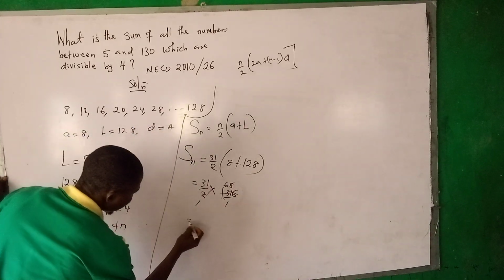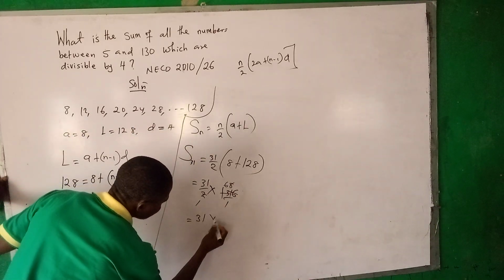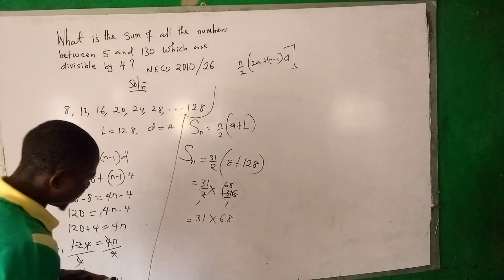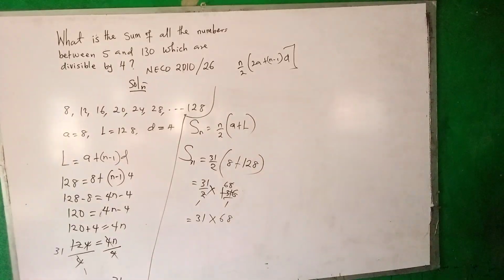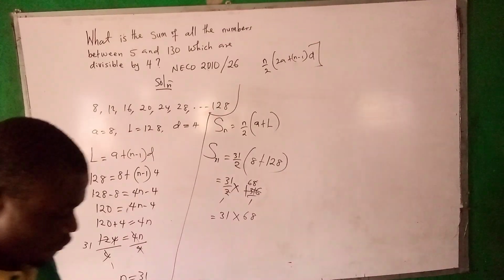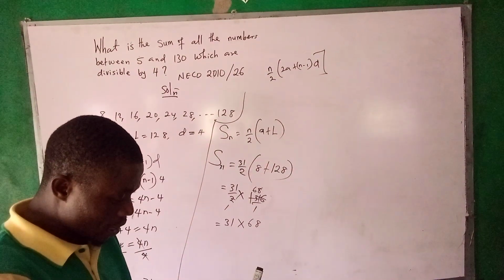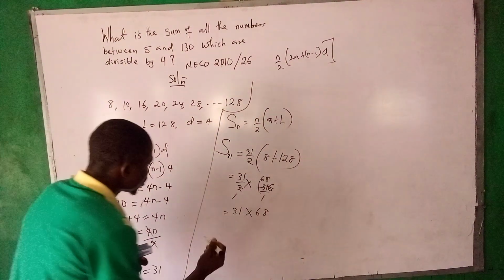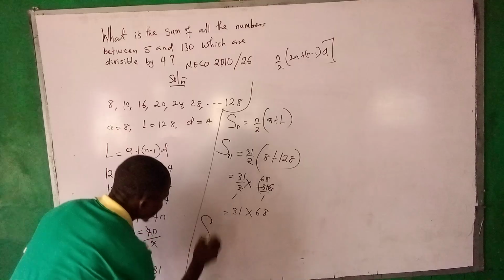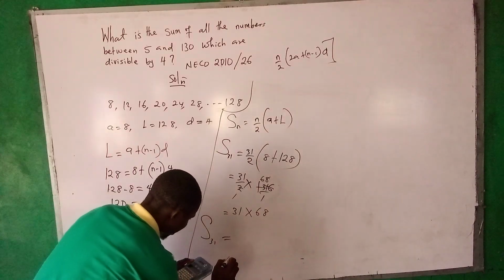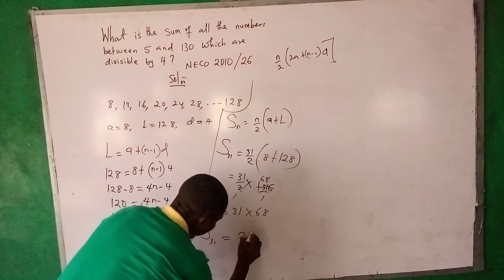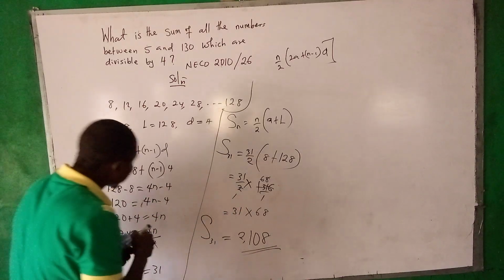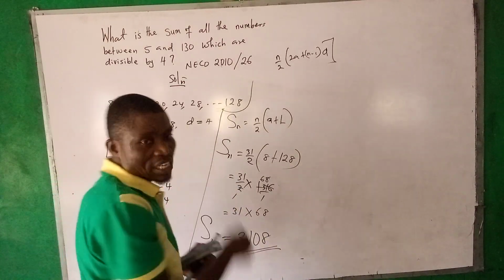So what do we have now? 31 times 68. If you multiply this, let me use my calculator for a faster method. So I have 31 times 68, and that gives me 2,108. So the sum of the required numbers is 2,108, and that is the answer to this particular question.